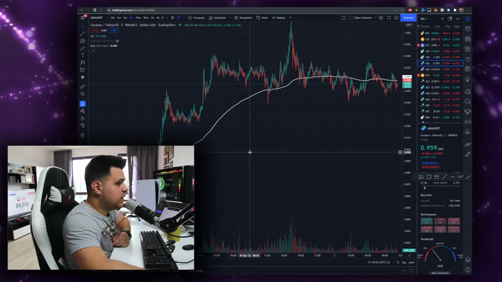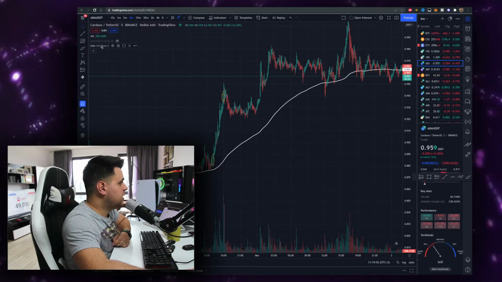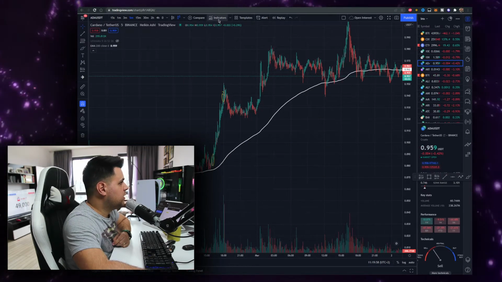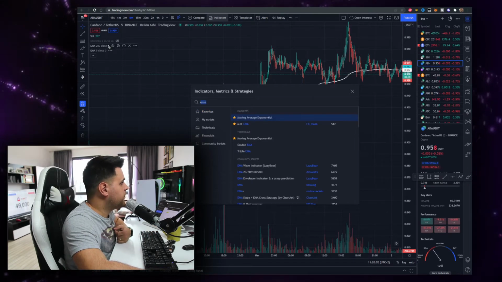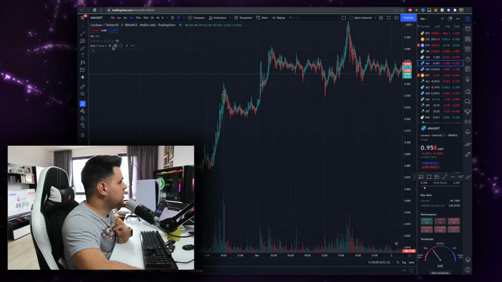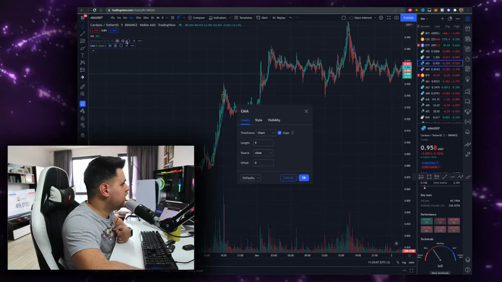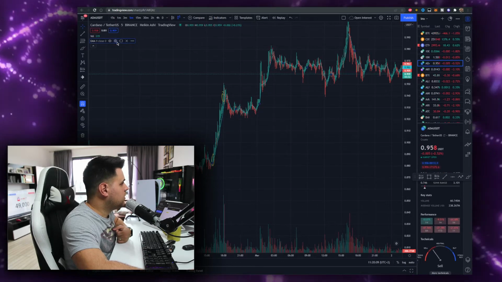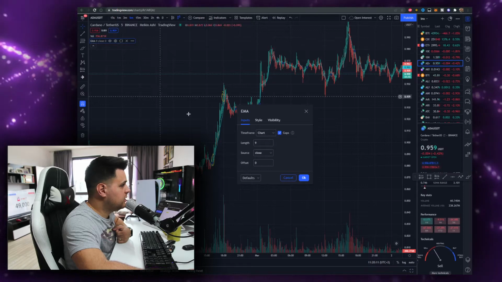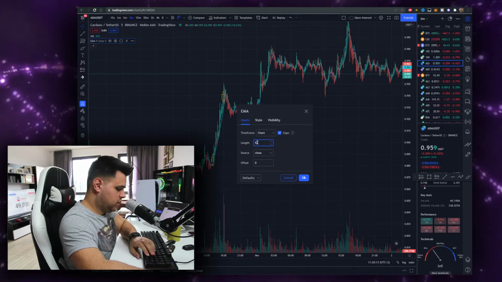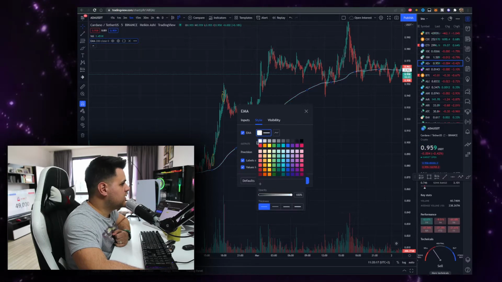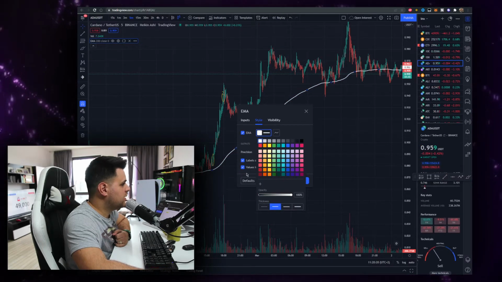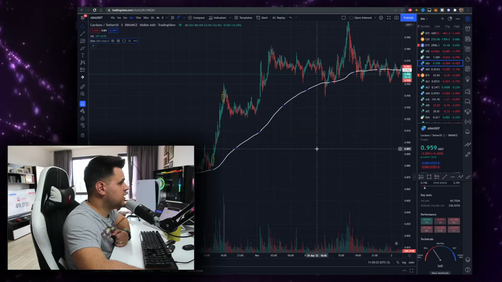To set up the 200 EMA, first, you need TradingView. So when we go here on TradingView and you have it set up, you want to click here, click on indicators, type in EMA, exponential moving average, just like so. And if you don't have it, what you need to do is click on the settings bar right here, the gadget icon, type in 200 in length. And what I would also like is to change the color to light and have it at something like this, so it's a little easier to see.